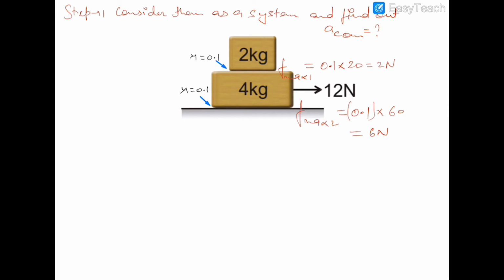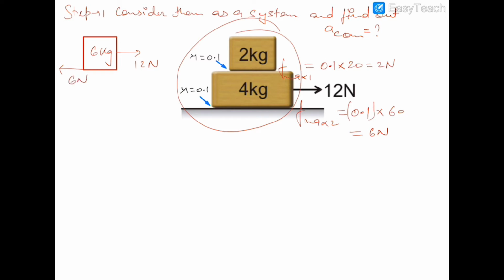If it is a system which is moving together, this is a system of mass 6 kg, and the force acting is 12 newtons. The friction acting on the system will be 6 newtons, because the friction from the ground is not sufficient to balance 12 newton, so it will act to its full value.